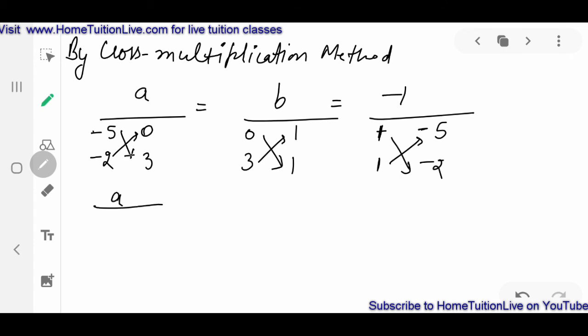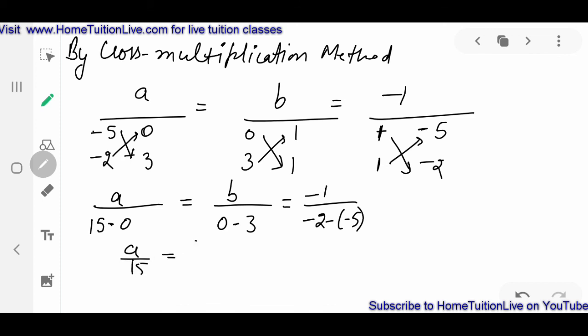a divided by minus 3 minus 0, that is 15 (minus 15 minus 0). b by 0 minus 3, and 1 by minus 2 plus 5, that is 3. So a upon 15, b upon minus 3, and 1 upon 3.